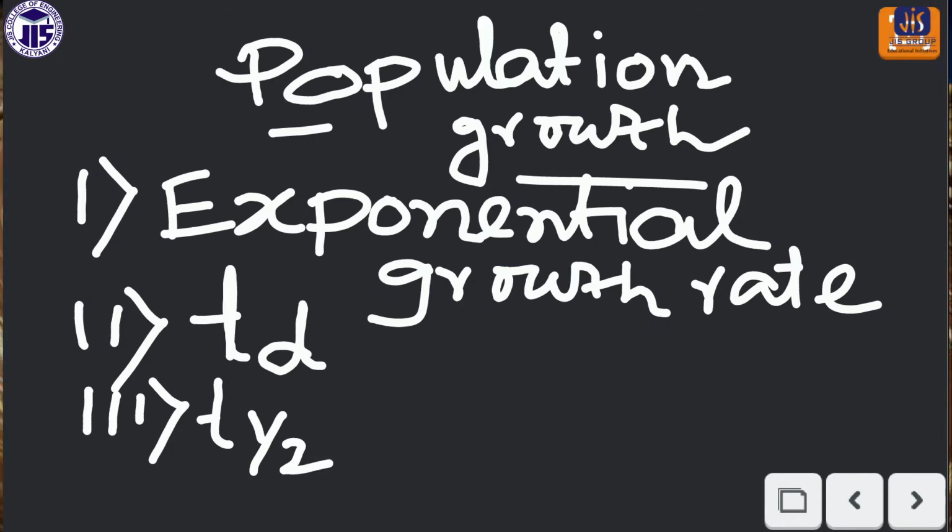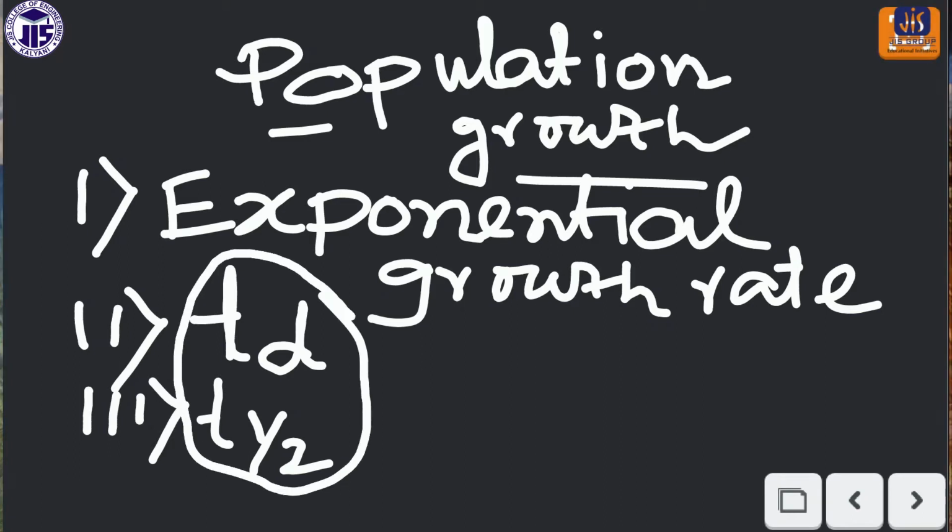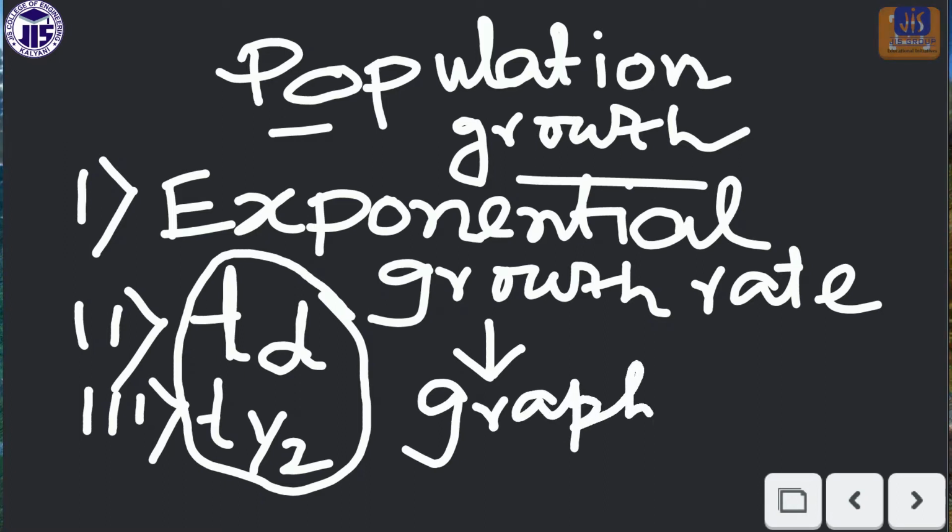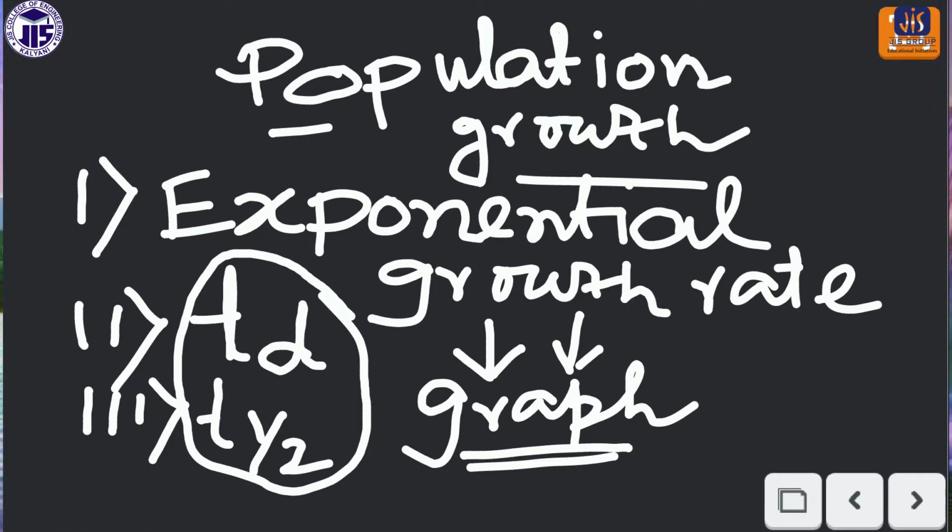Then we'll develop the relation between TD and T-half. Then we'll see what the graph of the population will be according to the exponential growth model, and what its nature will be according to the established equation.